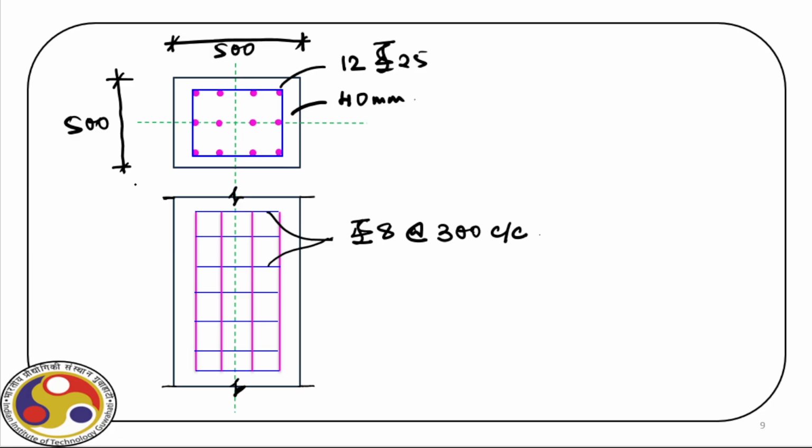Now, what is the distance between two bars? This distance is 500 minus 2 clear covers we have, so 2 times 40, minus we have 25, that is the diameter of the bar, divided by 2.